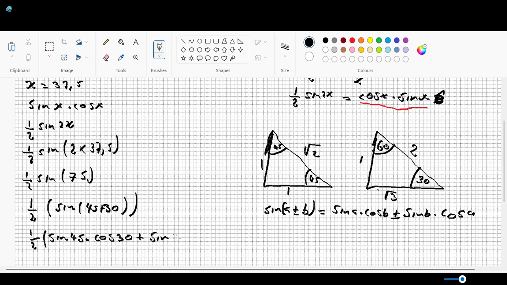And then we can say sine 30 multiplied by cos 45, and then we continue.